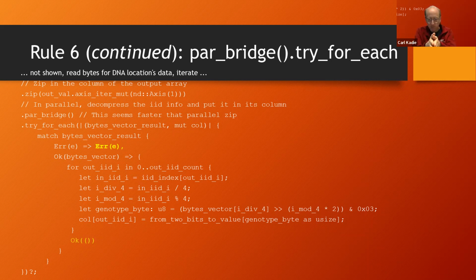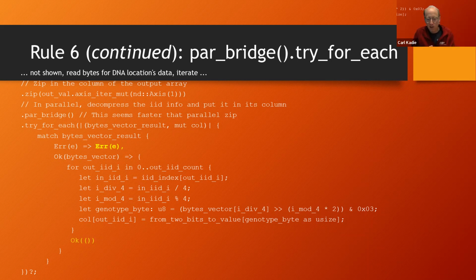And this will be run on one thread, and the next one will be run on another thread, and however they schedule it, some number of them will all be run in parallel. And the thing we're going to do is call try_for_each. What that does is it just runs a block of computational code that you want with no return value at all, except if there's an error or not.